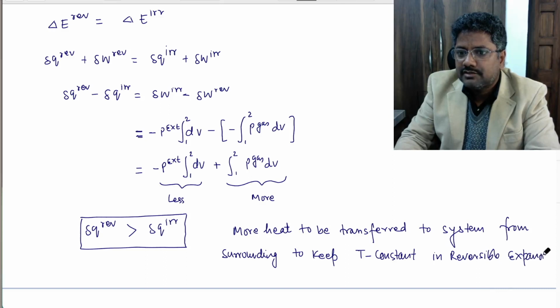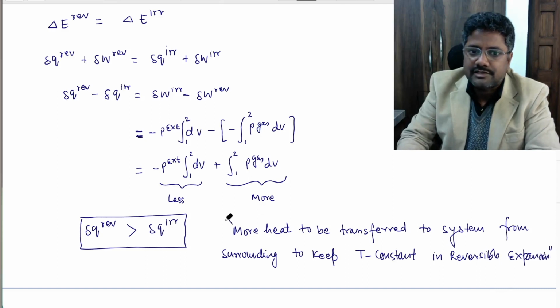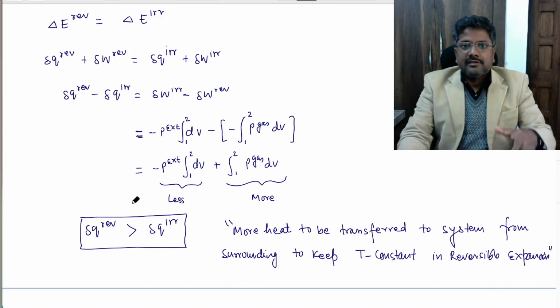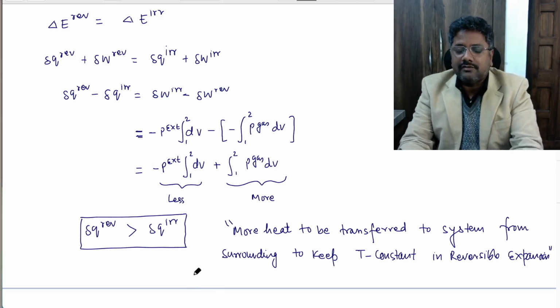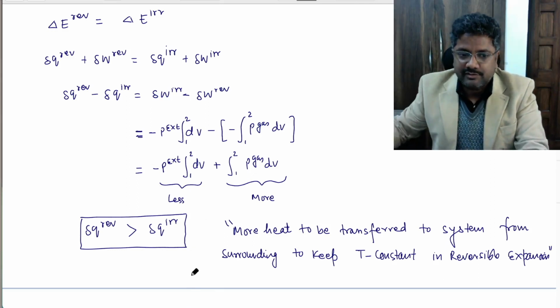Right? So all these things you can justify. From this you can justify that Q reversible, the heat absorbed by the system, is more in case of reversible compared to the irreversible, right?